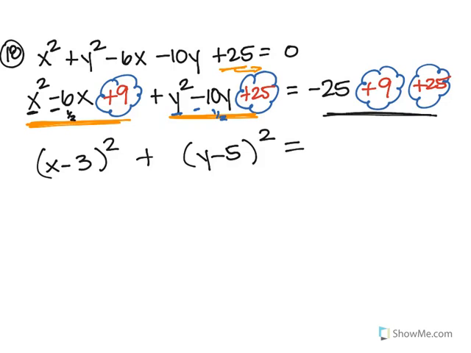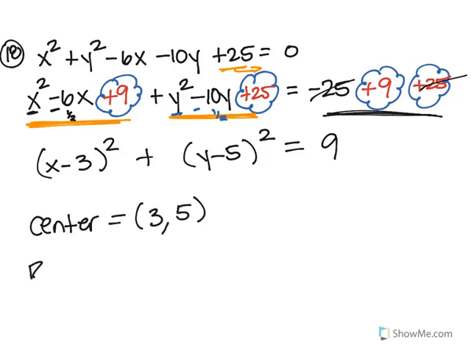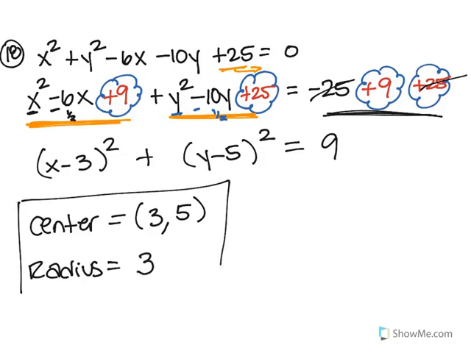Equals, you add this up. Your 25s cancel, so you just have 9. So now we have it in center radius form where you can give me the center, which would be a positive 3 and a positive 5, and that radius would be 3.